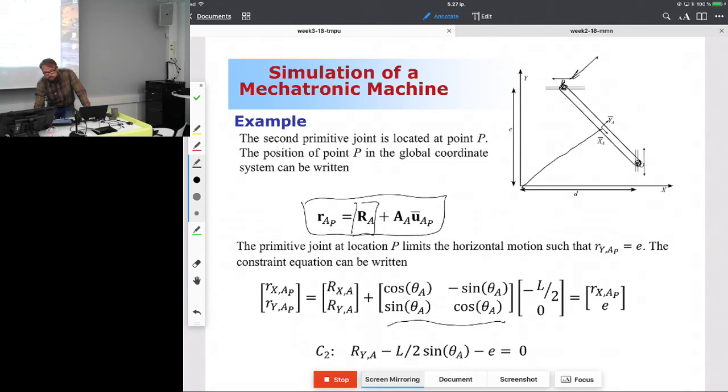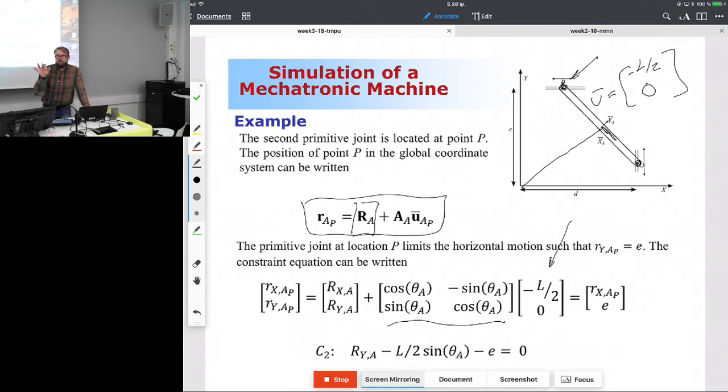How can I make that happen? I have to travel in the minus x direction. How much? L divided by 2. How much do I need to travel in y direction? 0. So that's my vector u bar. And then I'm going to introduce the constraint.